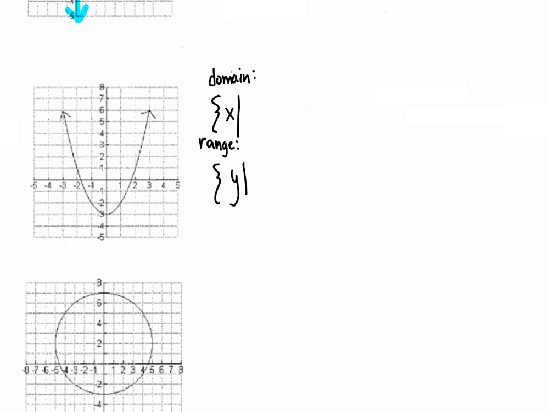Is it forever up and down? Does it have a starting point? Do the x's go forever left and right? Yeah. So what would you write for your x? x is an element of the reals. It's negative infinity to positive infinity. Range, yeah?